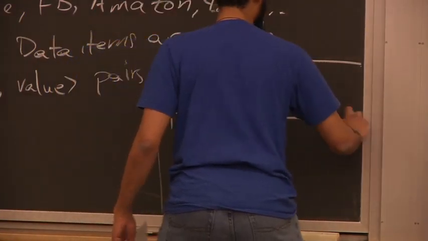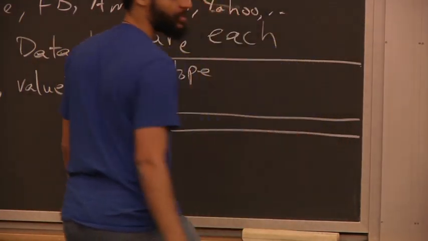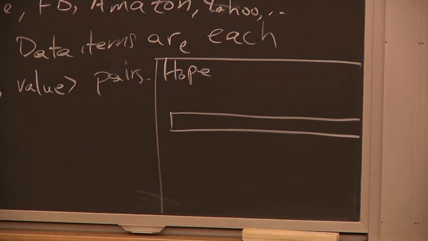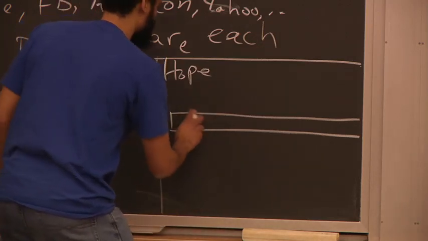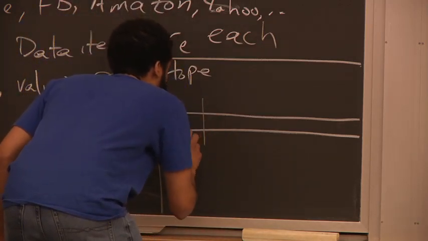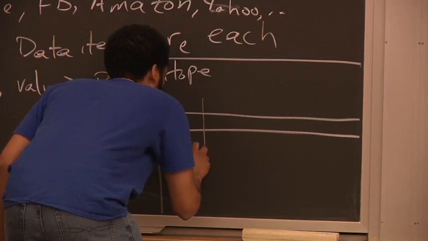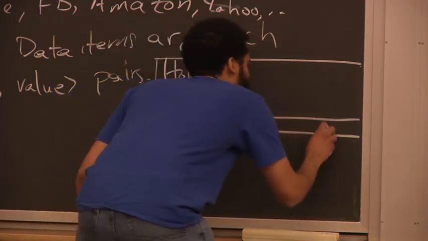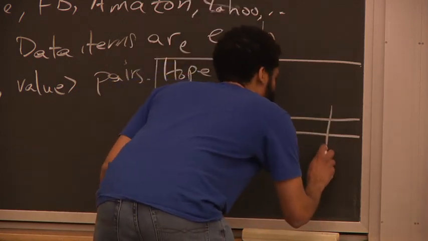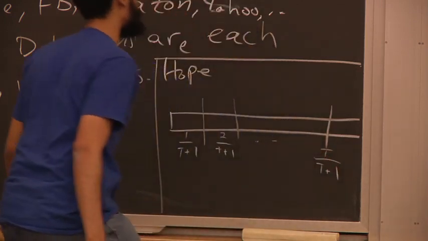Pretend this were the array as if it were sorted, and I'm sampling T elements, capital T elements. What should happen, in expectation, is that the first guy is a 1 over T plus 1 fraction of the way along. The next guy is a 2 over T plus 1 fraction of the way along, et cetera, and this one is a T over T plus 1 fraction of the way along.